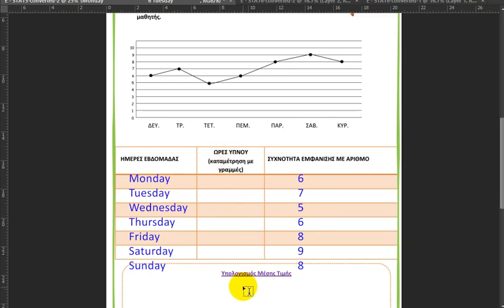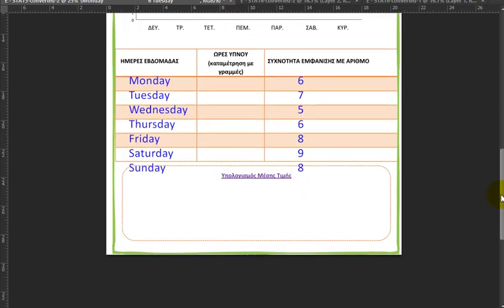And you can write this here with the lines. You can make 6 lines, 7 lines, and so on. The average is going to be 6 plus 7 plus 5 plus 6 plus 8 plus 9 plus 8 divided by 7, because that's the number of days.